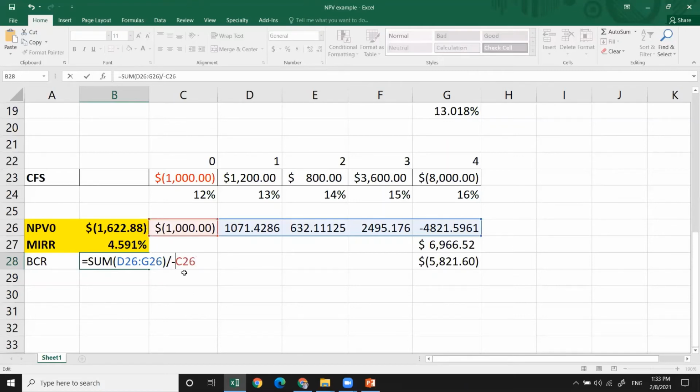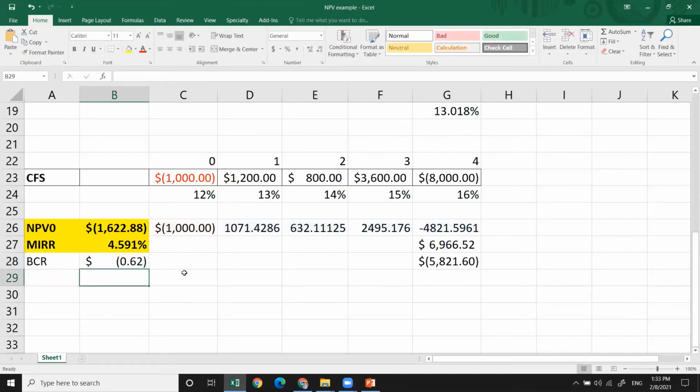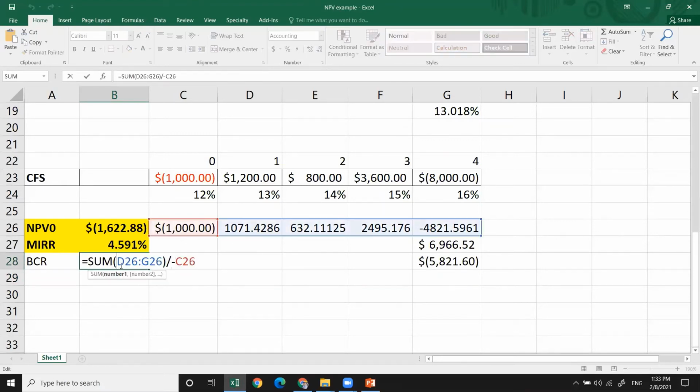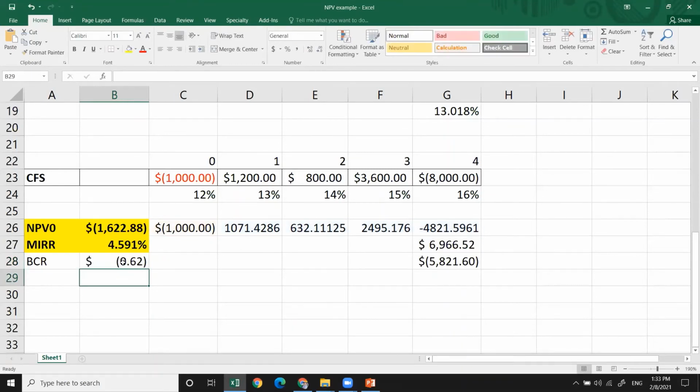But this should be as an absolute term because it's an index. So what I have here, my benefit cost ratio is less than 1. So it means that the project should not be accepted.